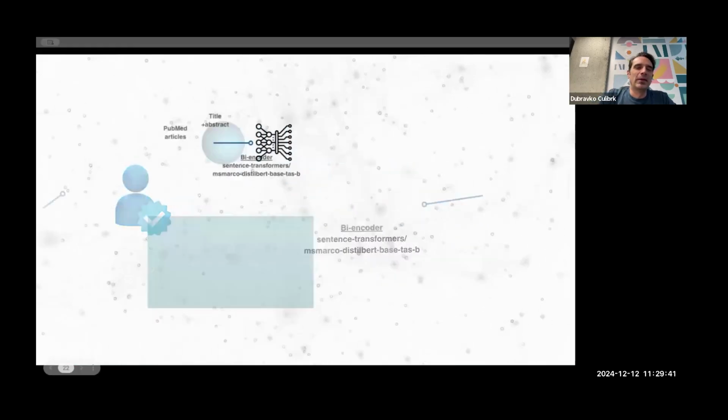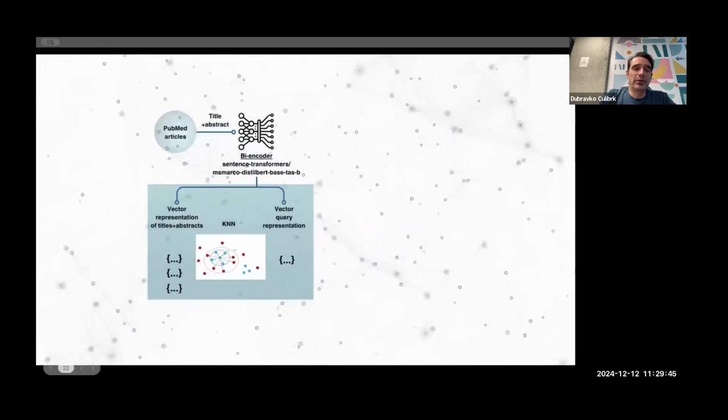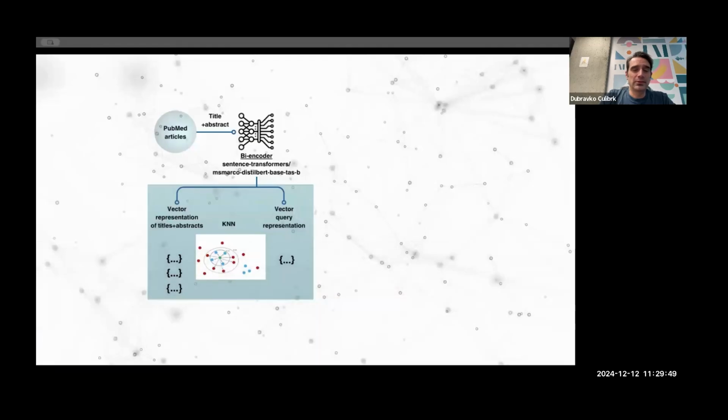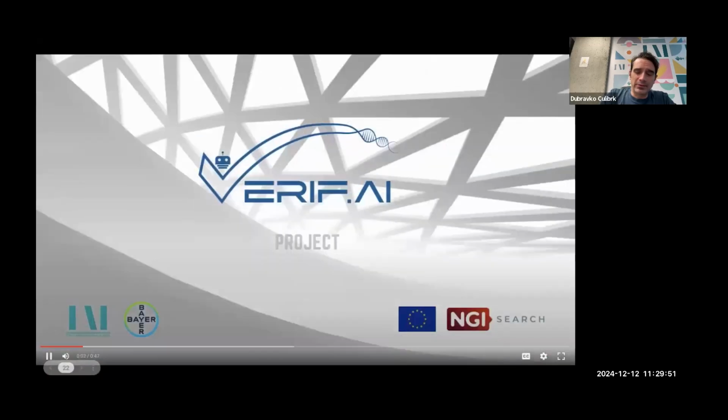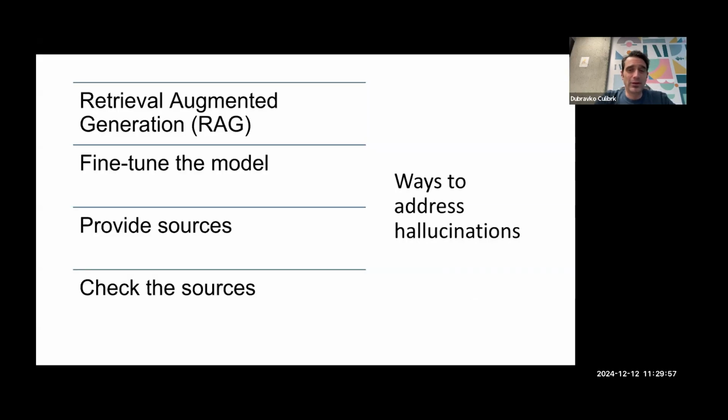But basically, as I said, it's a big problem in the biomedical domain when you don't get accurate and factual answers. And as you all probably know, LLMs are not really trained for that. They're trained to provide you an answer, whatever happens, right? And so the typical way of addressing this and anchoring them in reality is something called retrieval augmented generation.